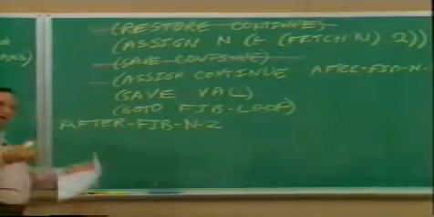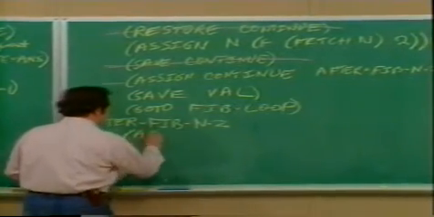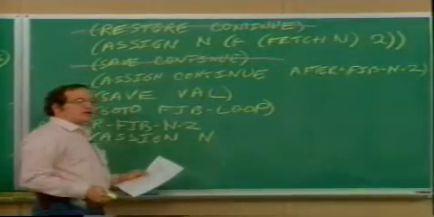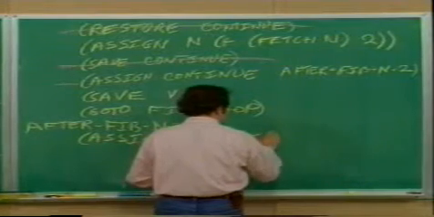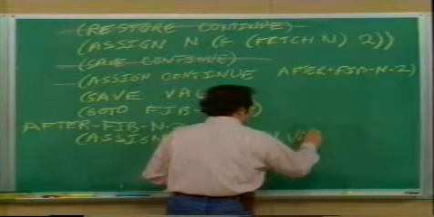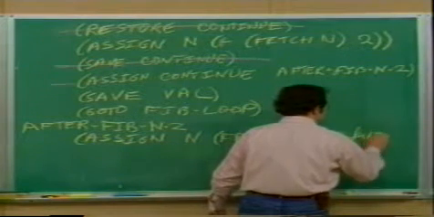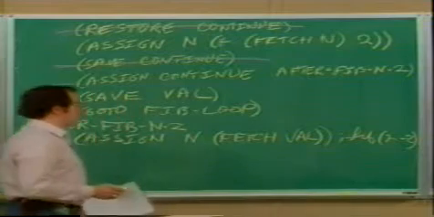Okay, so because it's the same problem with how many hands I have. So I'm going to assign to n, because I'm not going to need n anymore. N is useless. The current value of val, which was the value of fib of n minus 2. Okay.